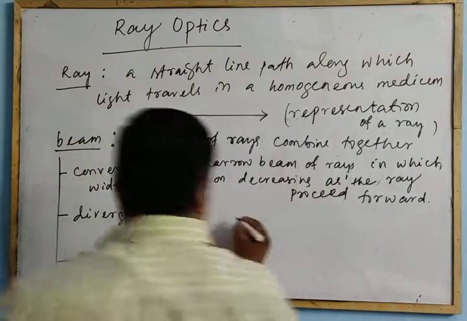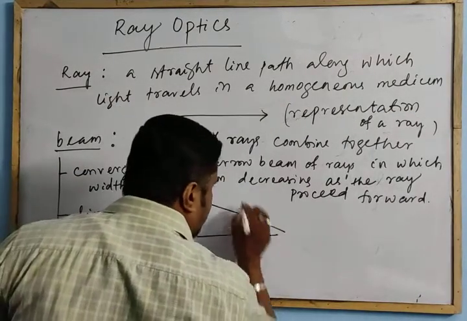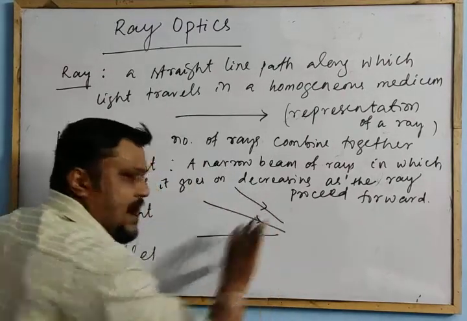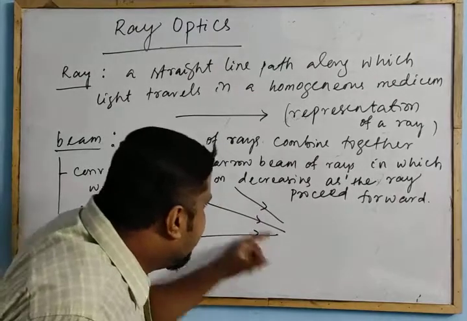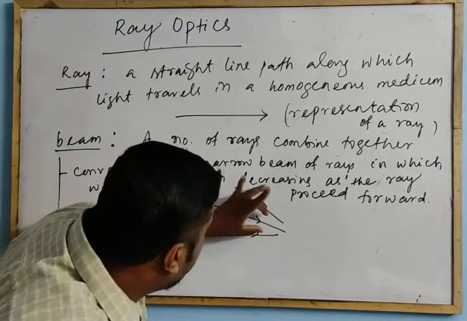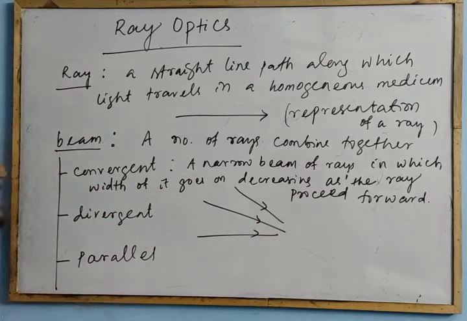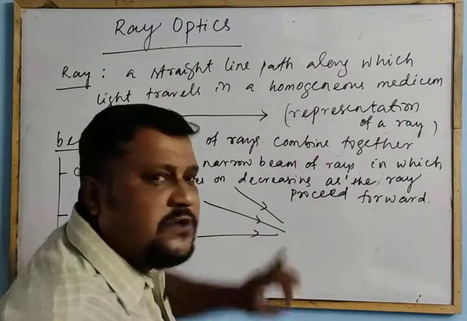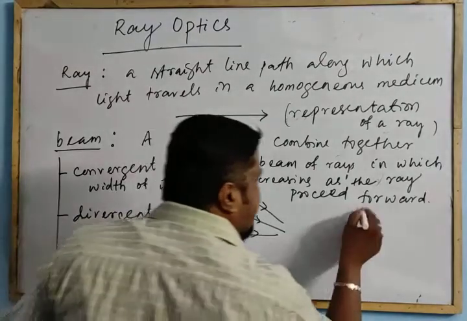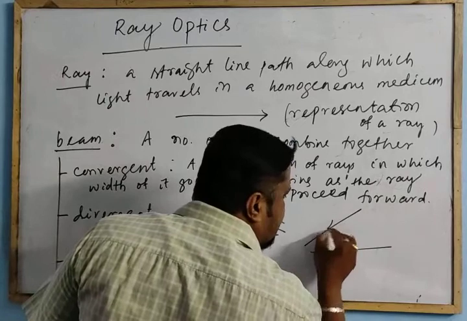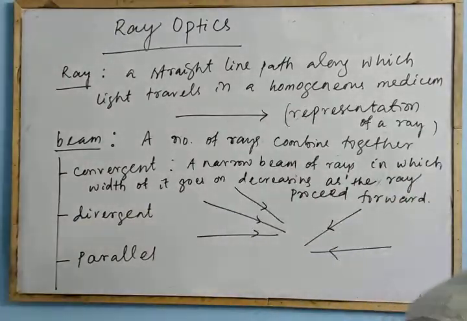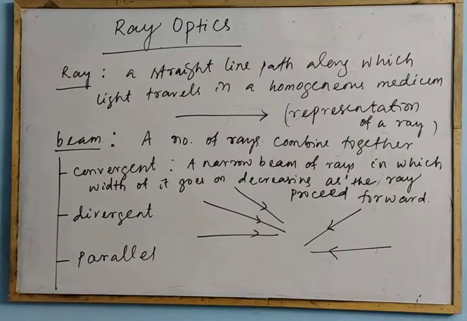We can say like this. This is the forward direction. The rays are proceeding and the width goes on decreasing. So that is a convergent beam. As you proceed in this direction, the width goes on decreasing. Right? So that is the convergent beam.